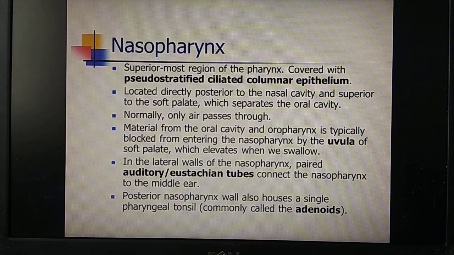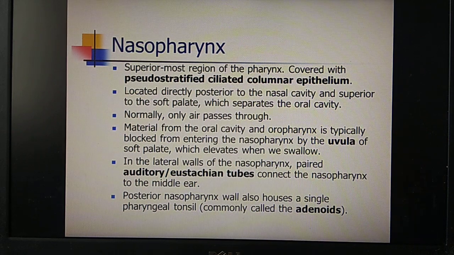The posterior nasopharynx wall also usually houses a single pharyngeal tonsil, commonly called the adenoids. So we have the tonsils, which act as a protective barrier against things entering. Sometimes when the tonsils swell up, we can even feel some ear pain.